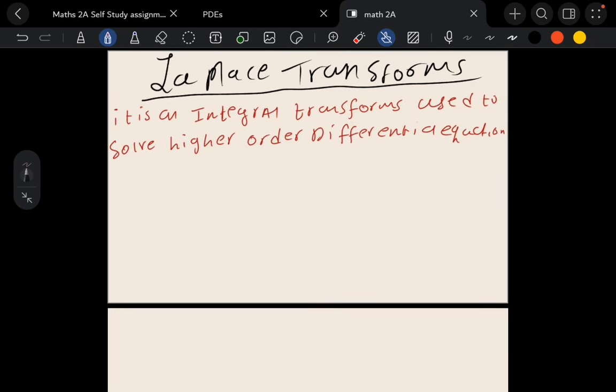Right? It is used to solve higher order differential equations.